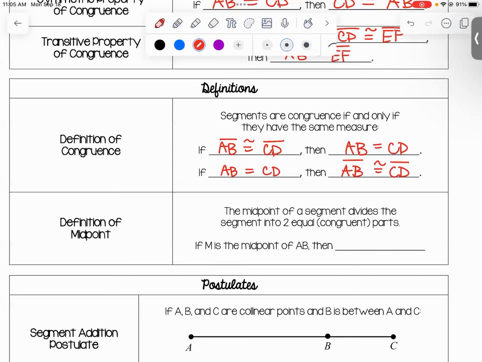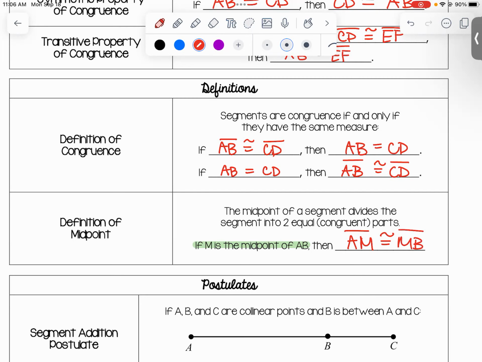Now, in a segment, we're going to have some midpoints. What does a midpoint do? It cuts down the middle into two congruent pieces. Two equal, congruent pieces. So if M is the midpoint of AB, then we know that AM is congruent to MB.